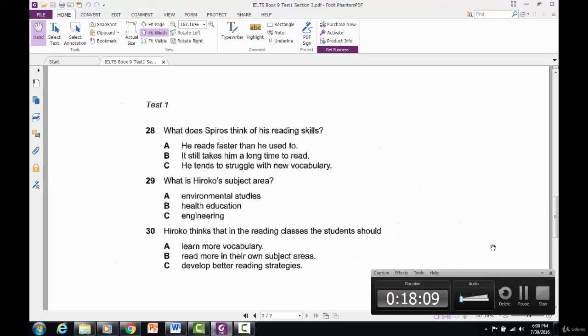That's true, Spiros, but what we read could have been different. Sometimes in the English class, I felt frustrated when I had to read articles about the environment or health or education, because I wanted to concentrate on my own field, but we didn't read anything about engineering. So I think I wasted some time learning vocabulary I didn't need.